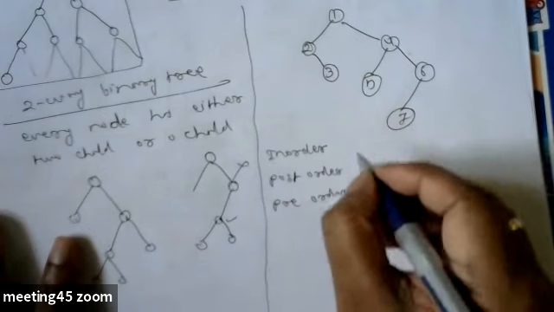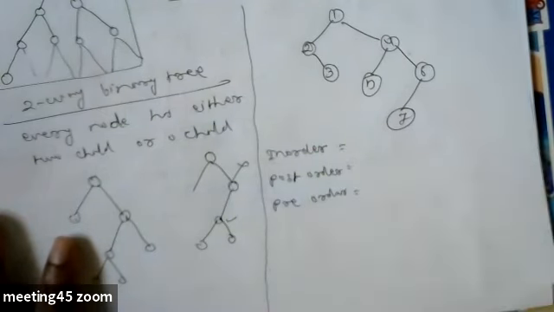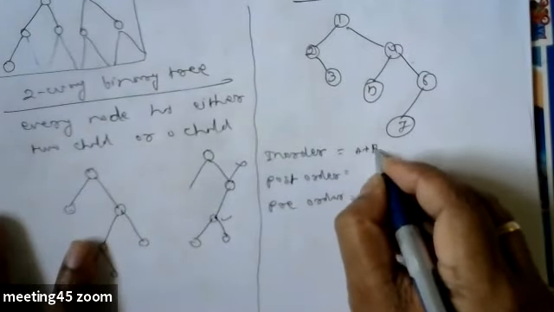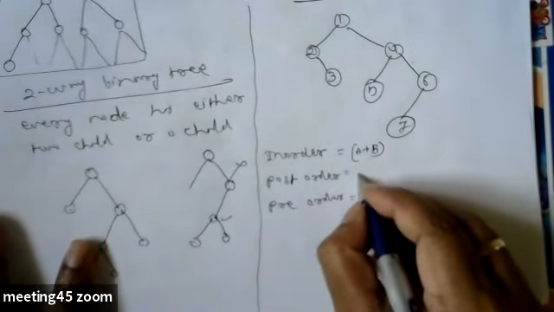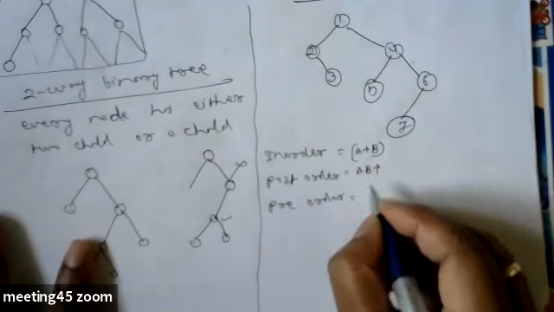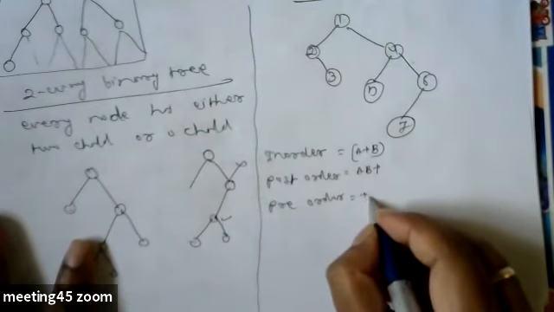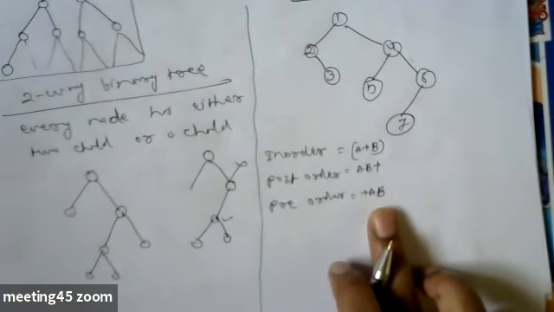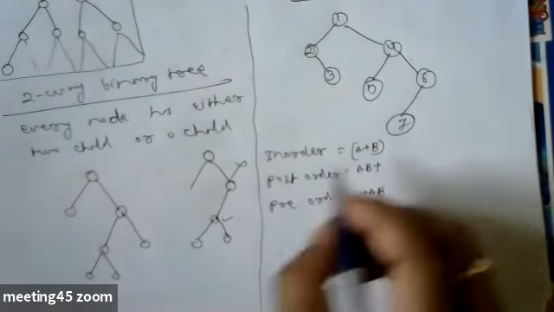Very simple, because you know this already. How do I remember this? In-order means it looks like A plus B. Post-order means I feel like A B plus. Pre-order means it looks like plus A B. We have already studied this in infix, prefix, postfix. So what is it saying here?